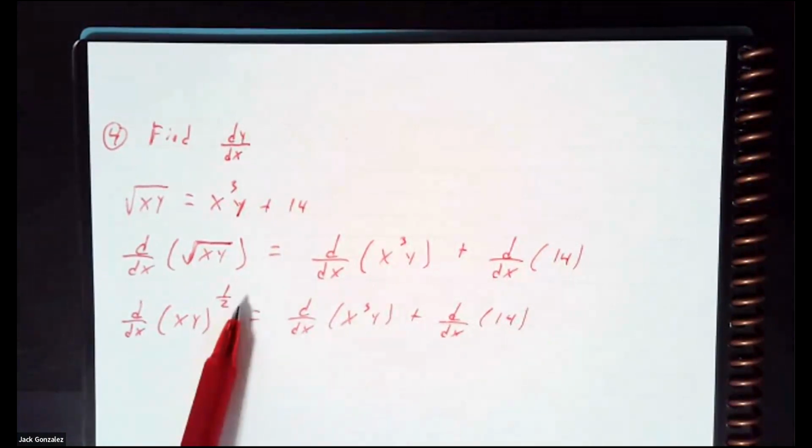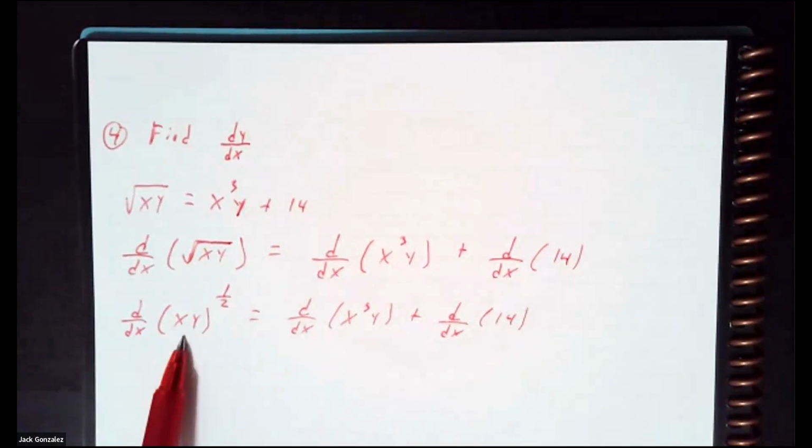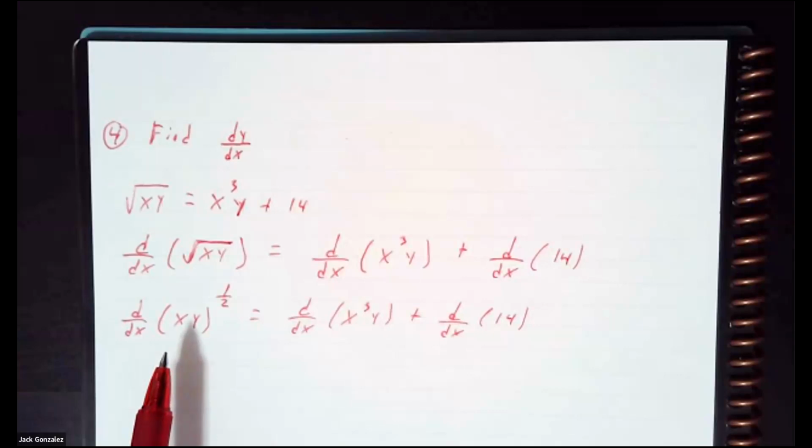Do you see that you have to do a power rule, but what do you do with the inside? Do we need to do something with the inside? Yeah, it's the chain rule. You can't just do the power rule for no reason.